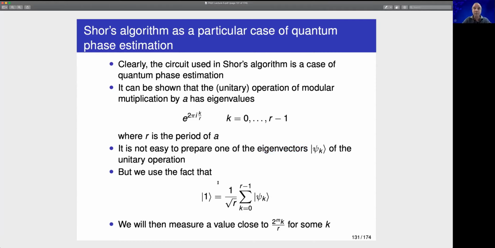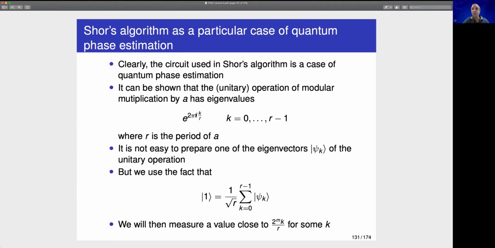But we can rely on the fact that the value that we are using at the beginning of Shor's algorithm is an equal superposition of all these possible eigenvectors of the operation of modular exponentiation. So by linearity, when we measure, we are going to collapse on the application of the quantum phase estimation algorithm with one of the different eigenvalues that we have here.